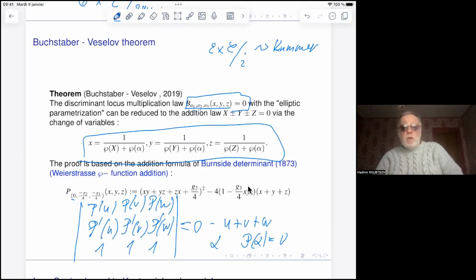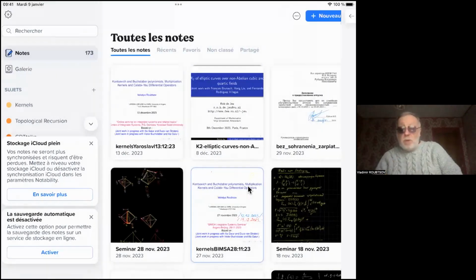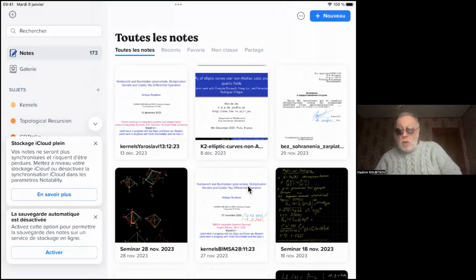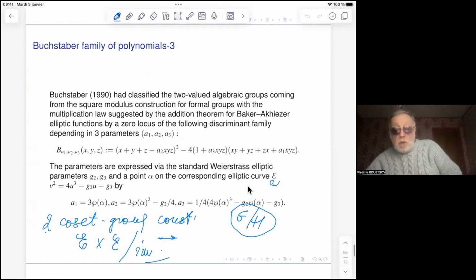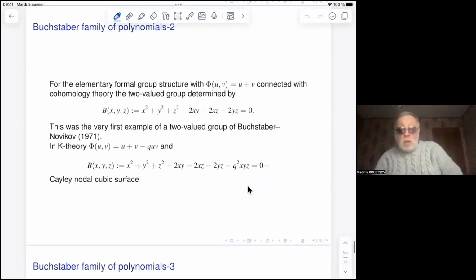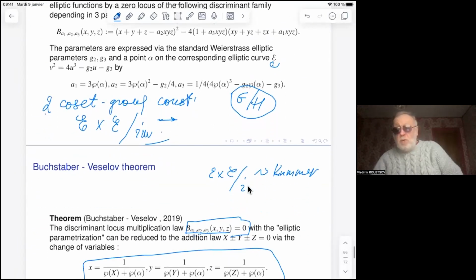So we have a beautiful Cayley cubic. This is a Cayley cubic. And we have this beautiful Kummer surface.